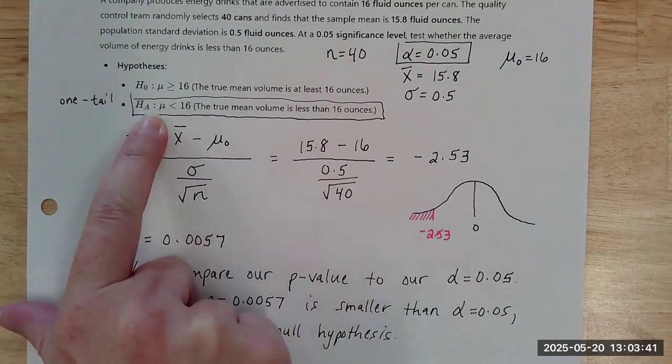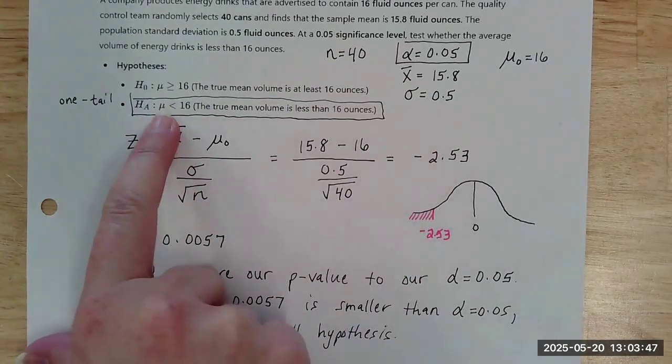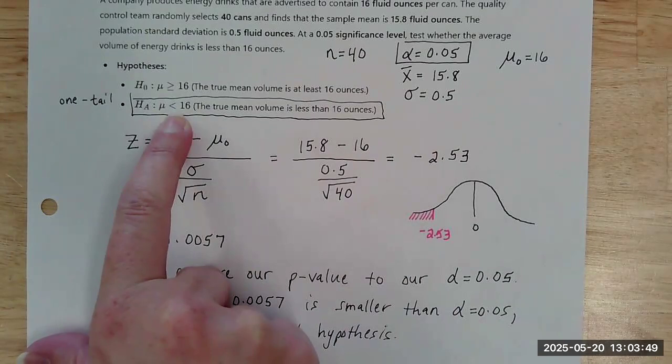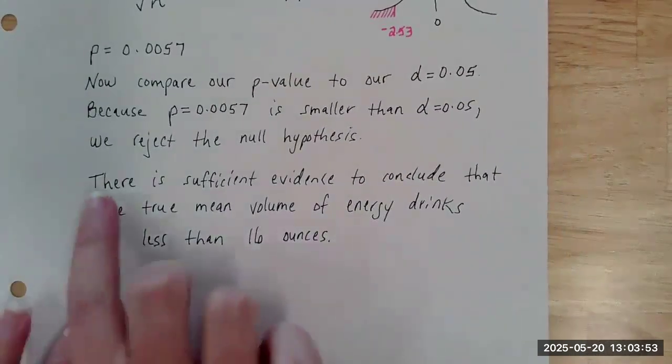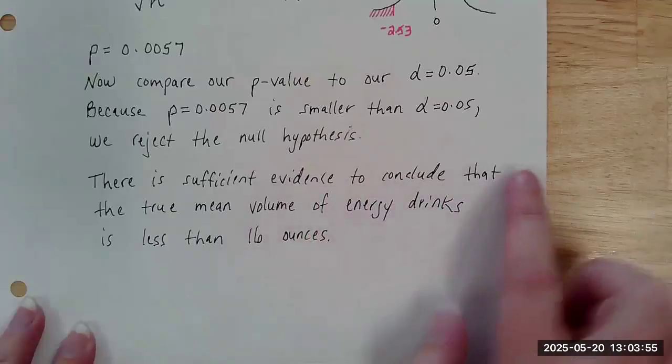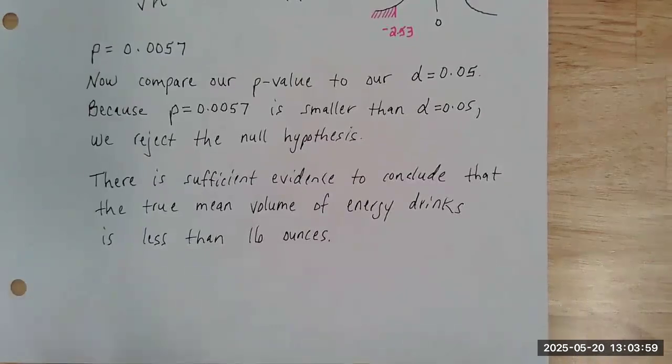So that means that I'm concluding that there's sufficient evidence to suggest that this one is true. This one says that the mean is less than 16 ounces. So what I wrote was, there is sufficient evidence to conclude that the true mean volume of energy drinks is less than 16 ounces. I'm writing the alternative hypothesis down.